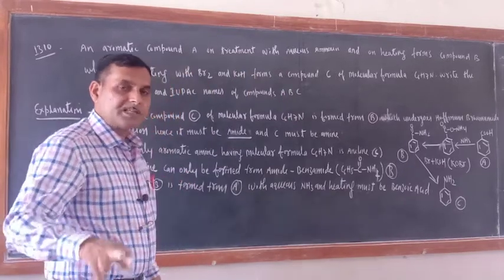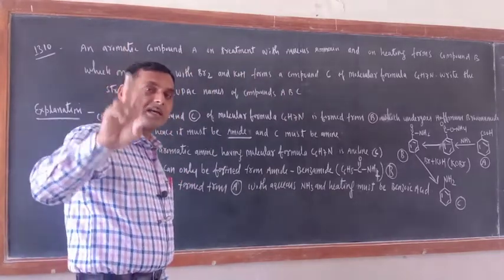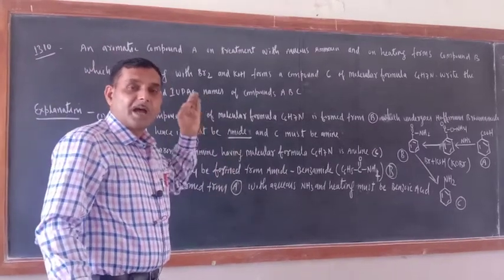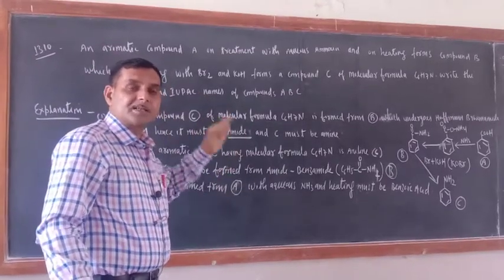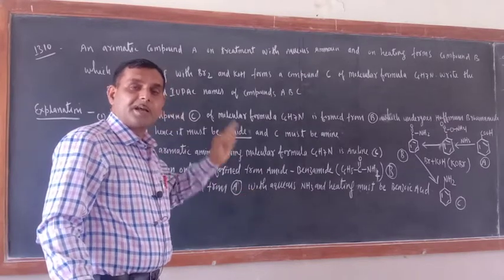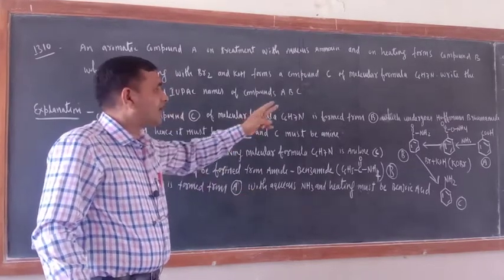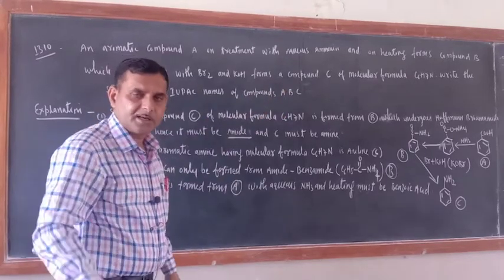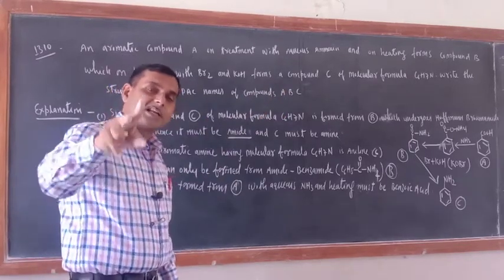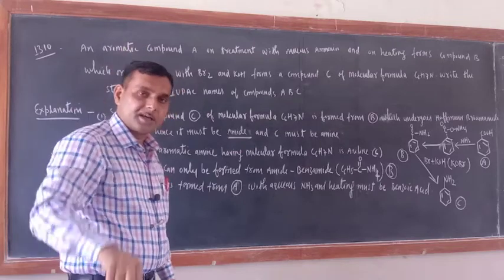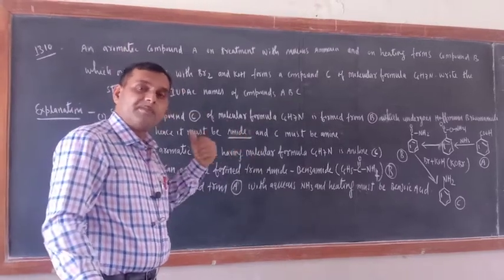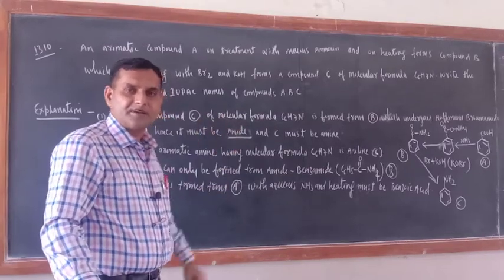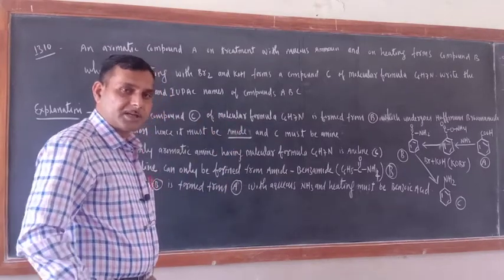It means only an aromatic amine will form, and there is only one aromatic amine whose molecular formula is C6H7N, that is aniline. So aniline is the product C, and aniline can only be formed from benzamide, meaning the amide is benzamide. Okay, now try to understand.